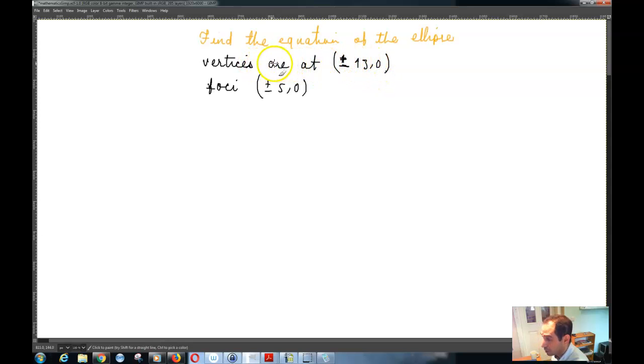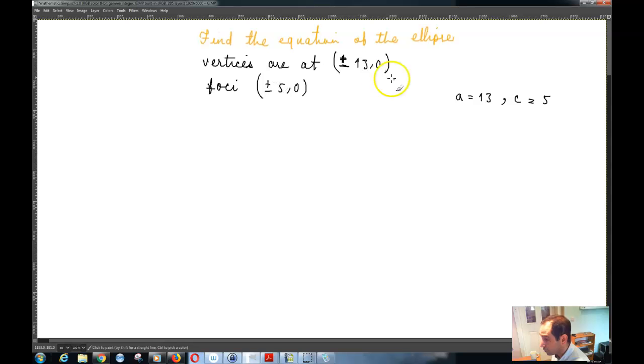So if your vertices are at plus or minus 13, 0, that means that your vertices are along your major axis, and so this is the length of your a. It means that your a is equal to 13. And if your foci are at plus or minus 5, 0, 5 is the length of your c basically, because your focus is c units away from the origin.